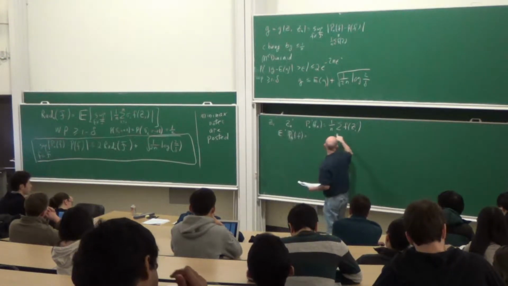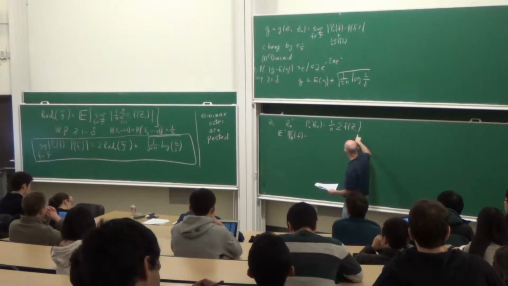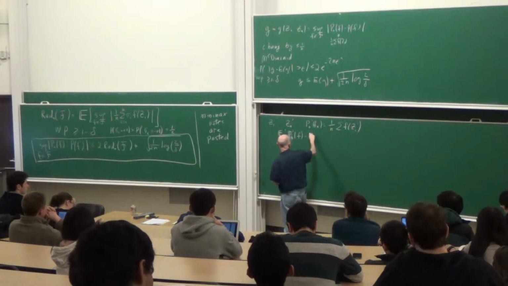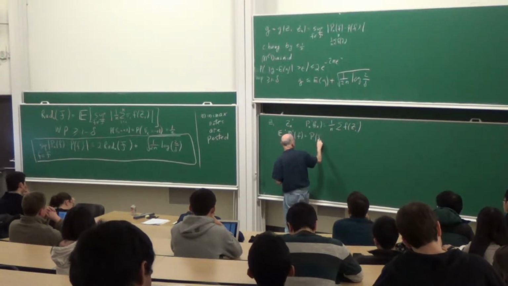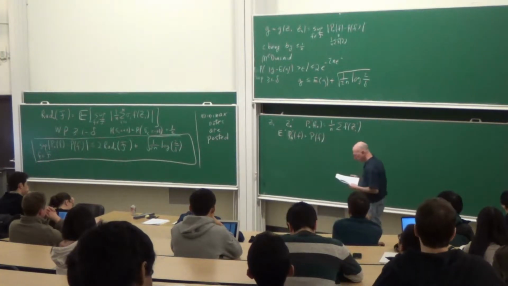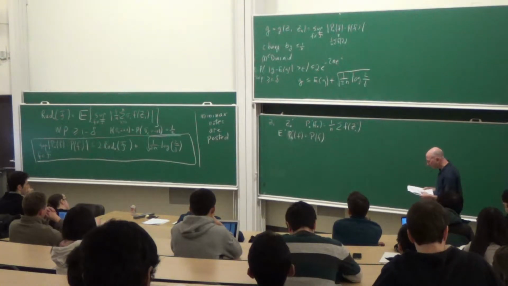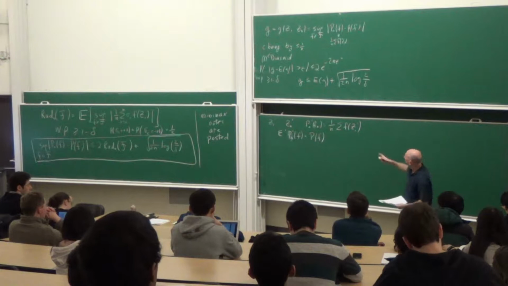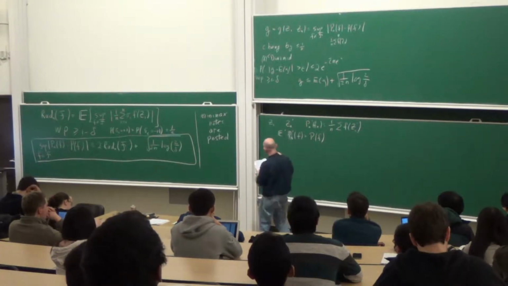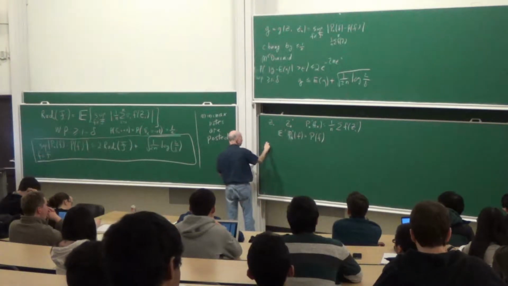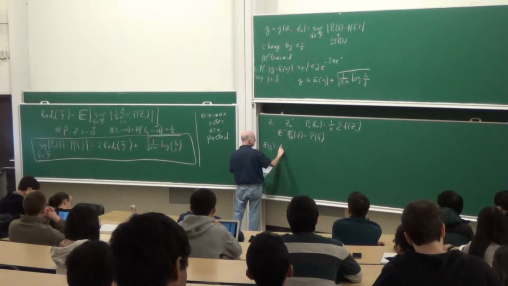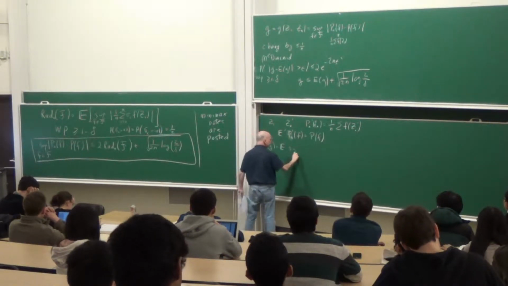The expected value of this is just the expected value of any one of them, but z prime has the same distribution as z. So this is still the same. Let's just literally write out, let's go back to what g is. The expected value of g is the expected value, let's just put in the definition of g.